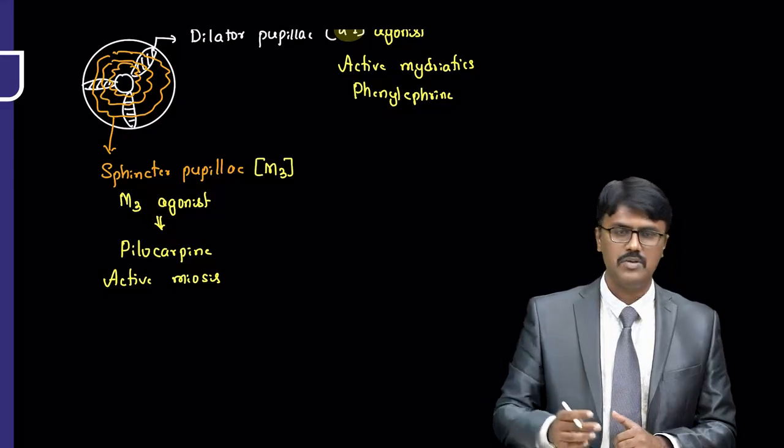Now you can also produce an effect by blocking a receptor. This is the sphincter pupillae, and this is the dilator pupillae. If I want to produce mydriasis, I should stop the action of the sphincter pupillae. You block the sphincter pupillae, then passively the dilator pupillae takes over and there is dilation of the pupil. Usually there is a balance, but when you block the M3 receptor, the sphincter cannot constrict and the dilator takes over passively.